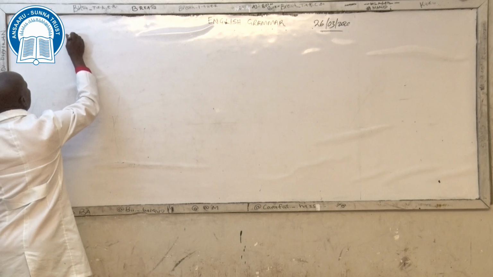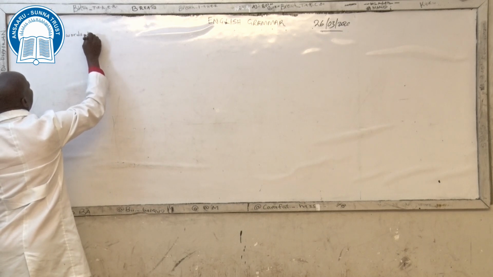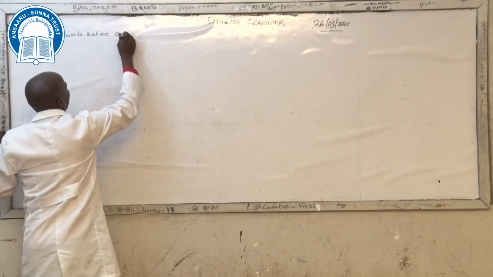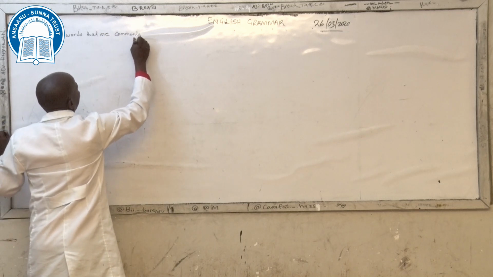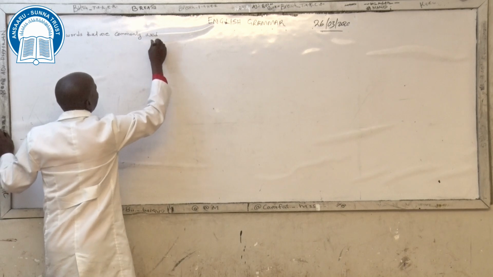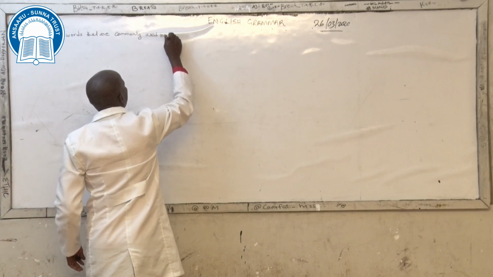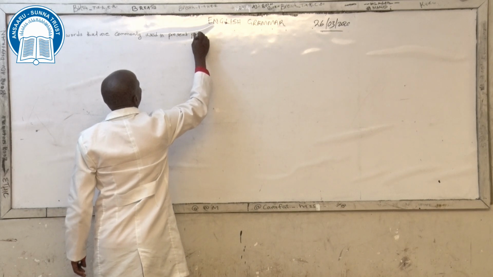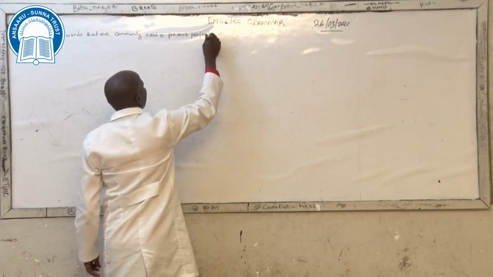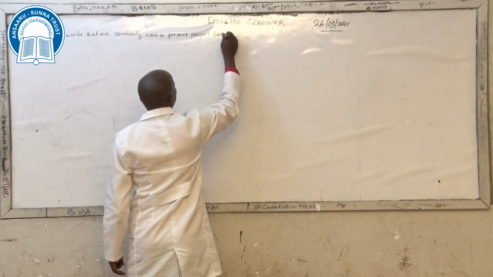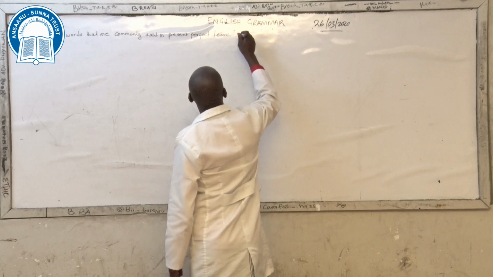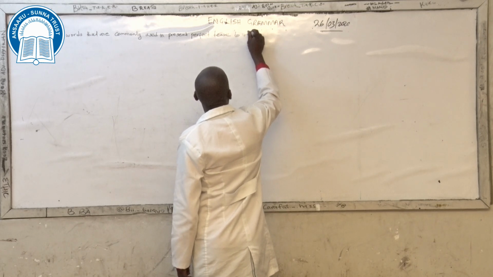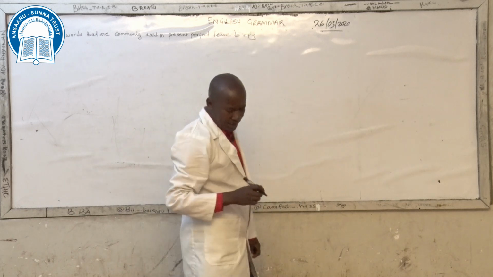Some words that are commonly used in present perfect tense to imply, what do they imply?